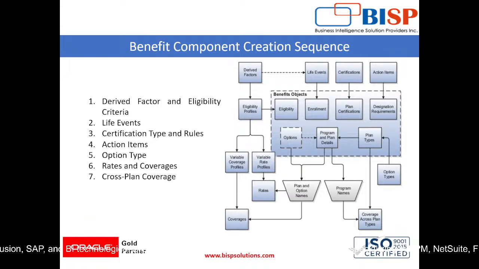Then there is your option type. Predefined option types control how plan types are processed, for example health or savings plans. I'll show you in a bit what an option type is. When we create a plan, you will have a field which is option type.